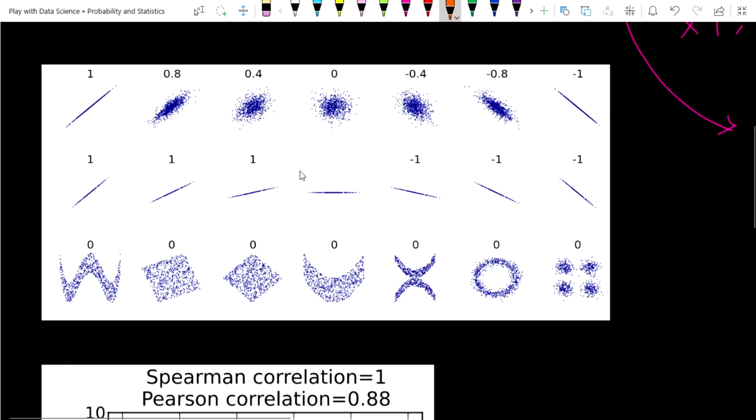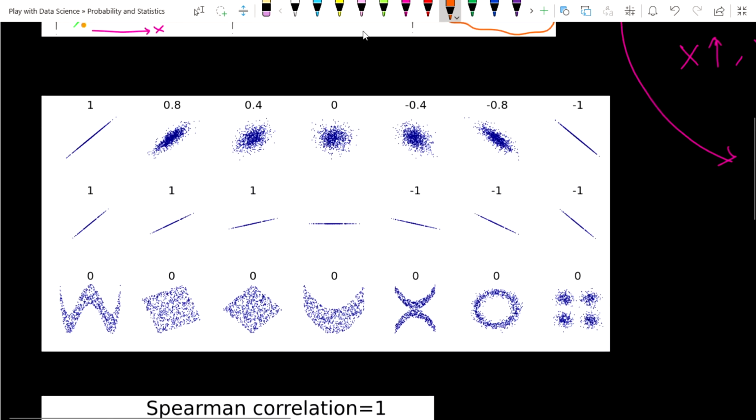Now let's see some examples that I have also taken from Wikipedia. Let's take this first example. In this data set, these are x and these are y. If this happens, then these data sets are properly lying on a line.